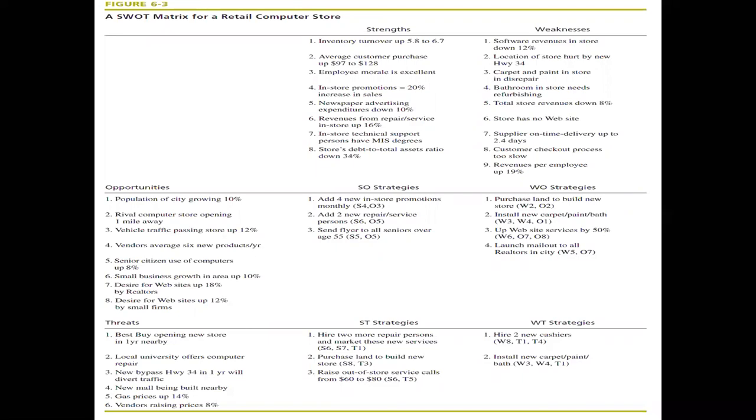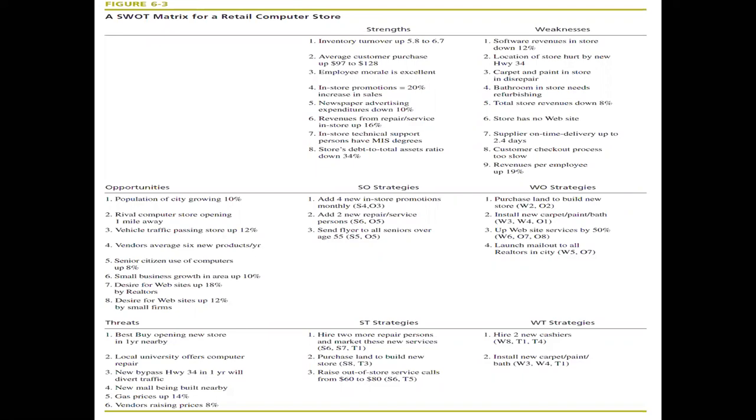S7 is in-store technical support persons have MIS degrees. And T1 is Best Buy opening new store in 1 year. Now, having a combination of 2 strengths and 1 threat, the ST strategy would be hire 2 more repair persons and market these new services.